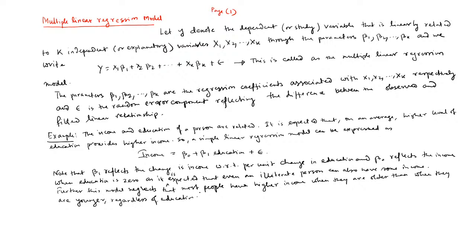So age is also an influential variable in that case, another explanatory variable. So in that situation, the model is income equal to beta naught plus beta 1 education plus beta 2 age plus epsilon.